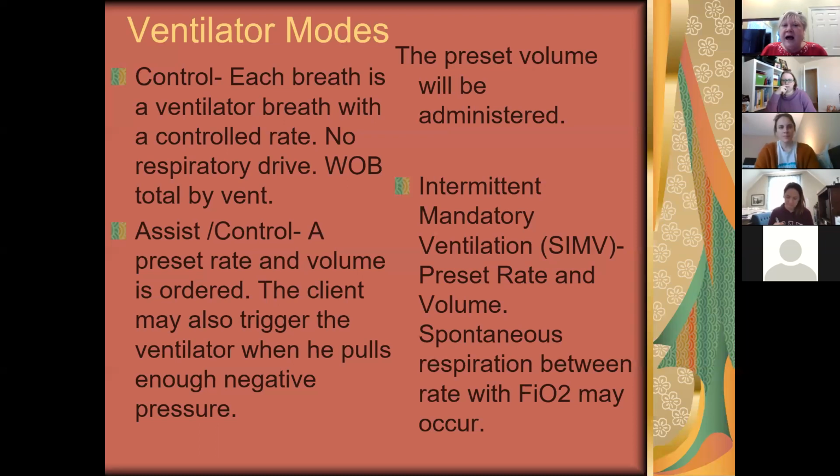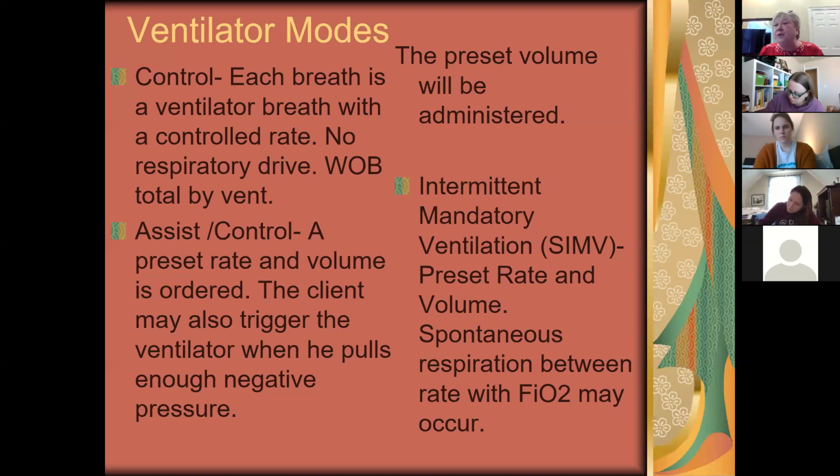Okay. Now, IMV, or intermittent mandatory ventilation, and I will tell you over at CMC, they call it SIMV, which stands for synchronized intermittent mandatory ventilation. In this case, they will get the control part. They will get the 16 breaths. They will get the 600 mLs. They will get the FiO2 of 60%. But when the patient initiates negative pressure of a breath, their breath is not assisted.